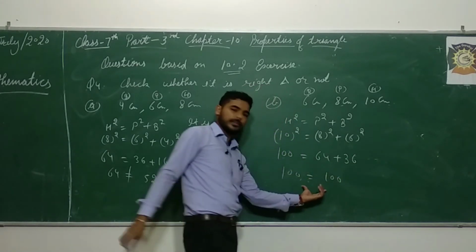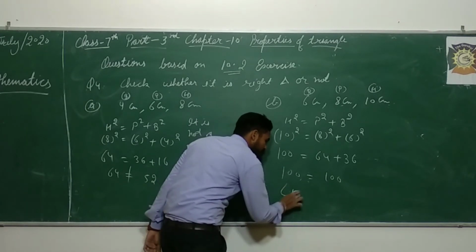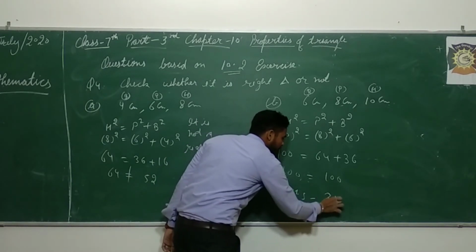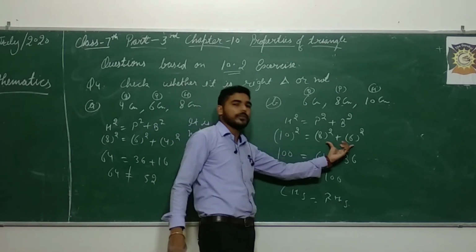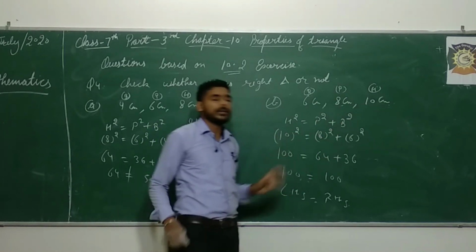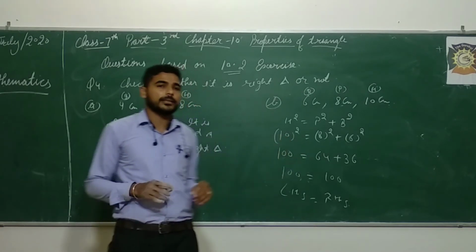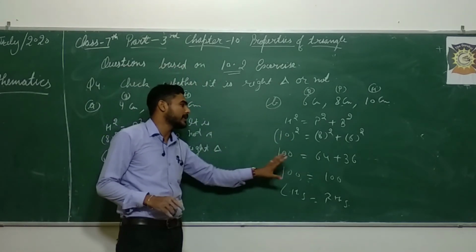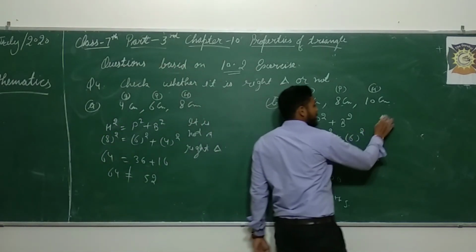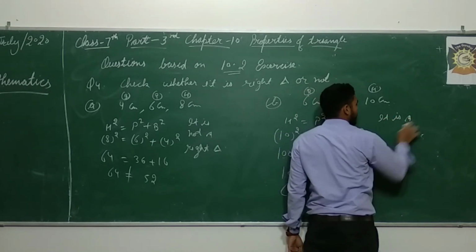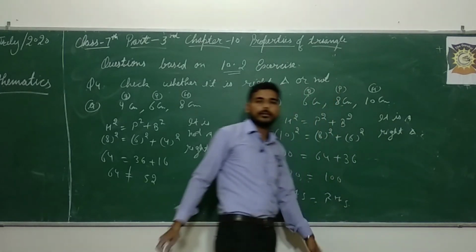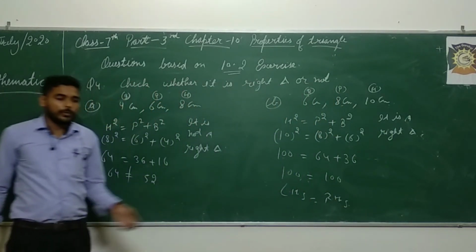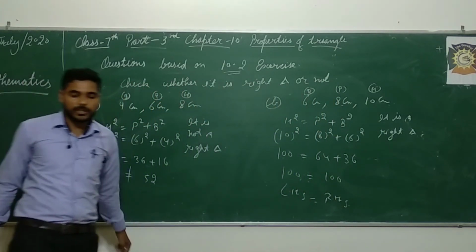It means this condition is satisfied. LHS is equal to RHS. It means the hypotenuse square is equal to the sum of the squares of the other two sides, perpendicular and base. It means it is a right triangle. Now we will solve one more question.